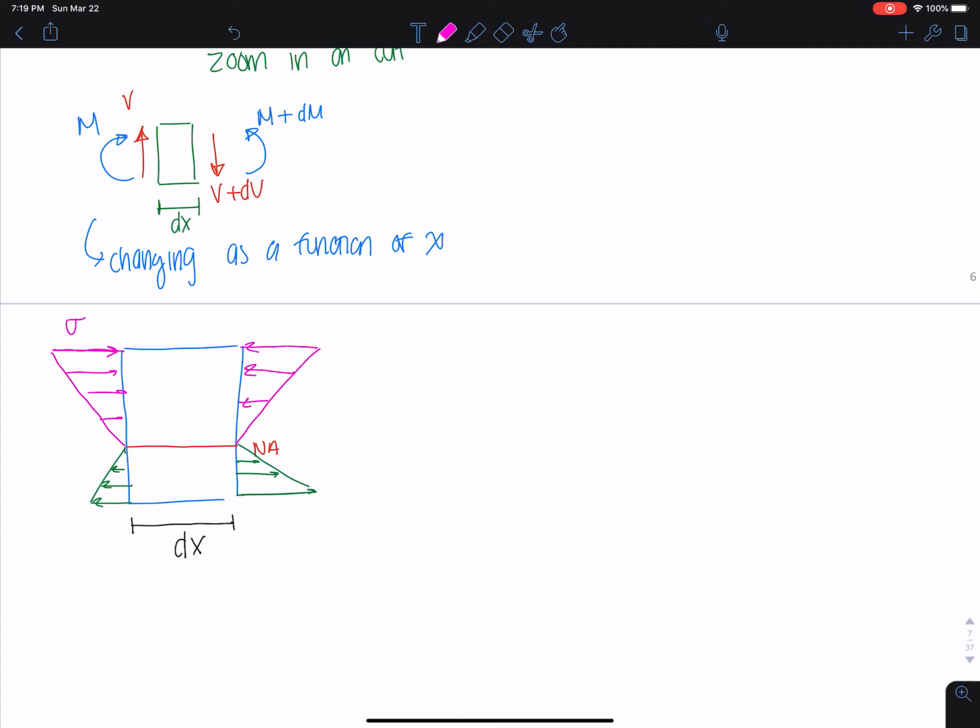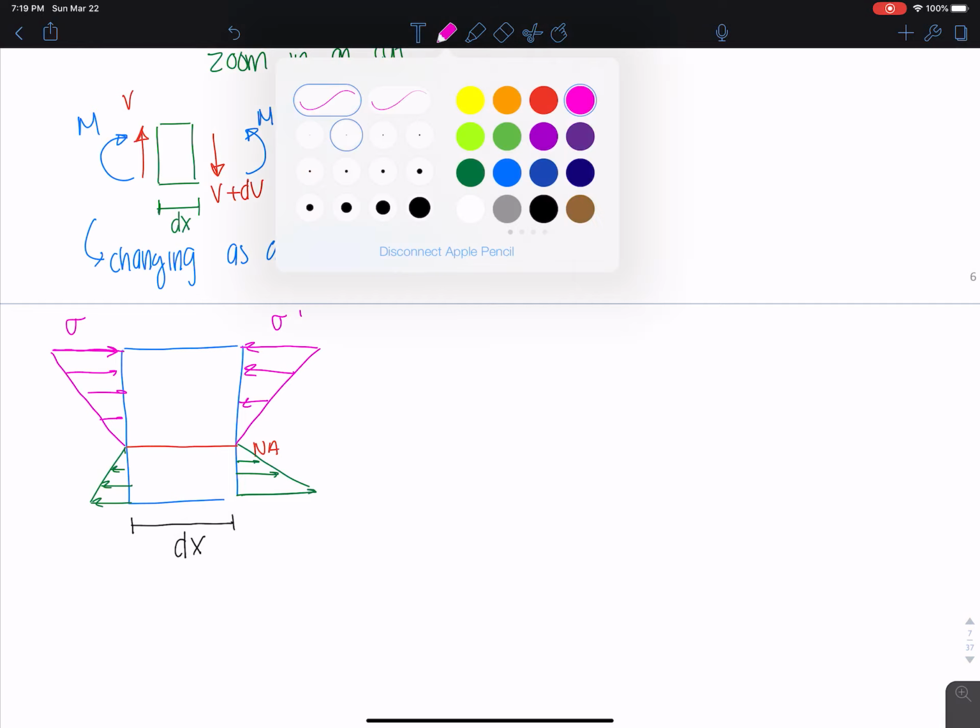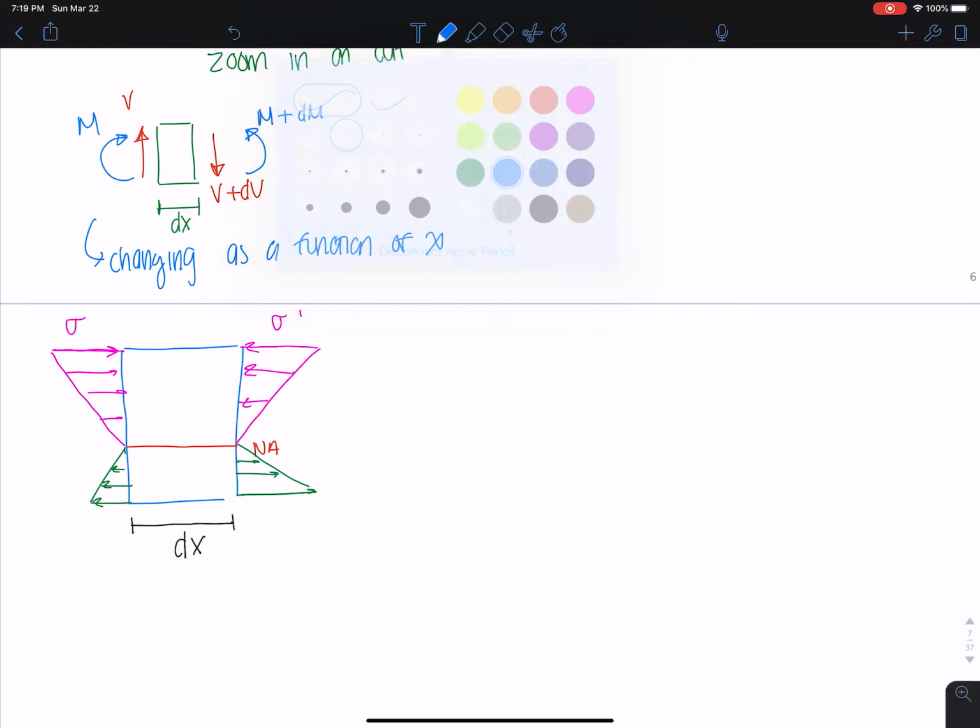This is my sigma. This is sigma prime because I have a different moment. This is where my M is applied, and this is my M plus some change in moment.